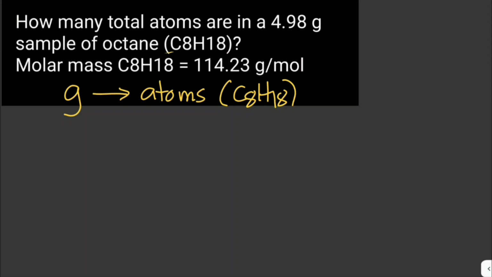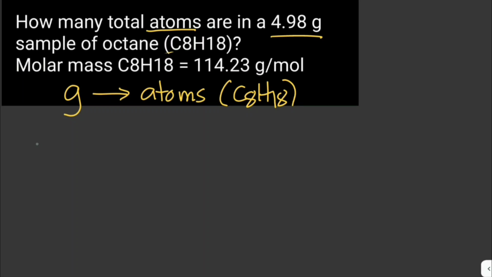Now, how do we solve this? We are asked here for the total atoms of the sample octane, which is C8H18, given its mass, which is equal to 4.98 grams. So we start with the given value.